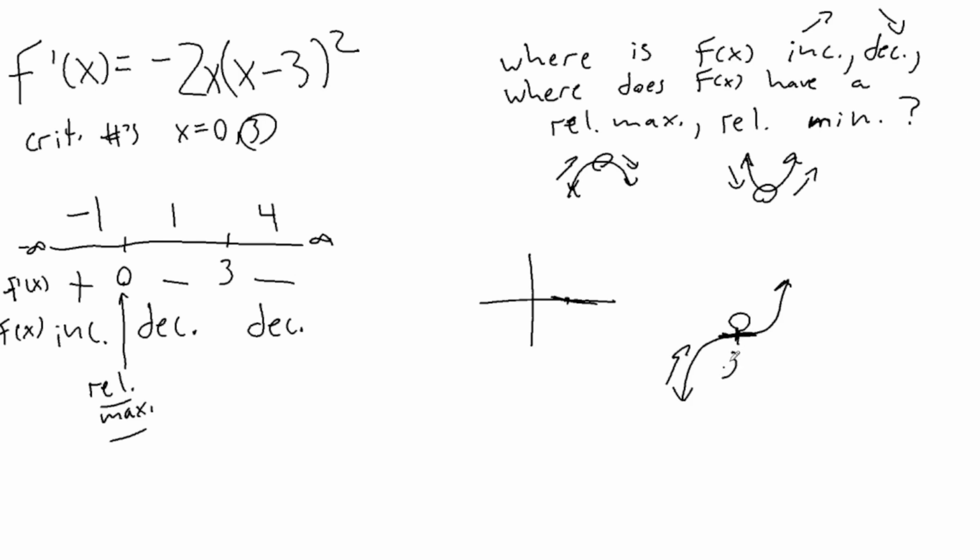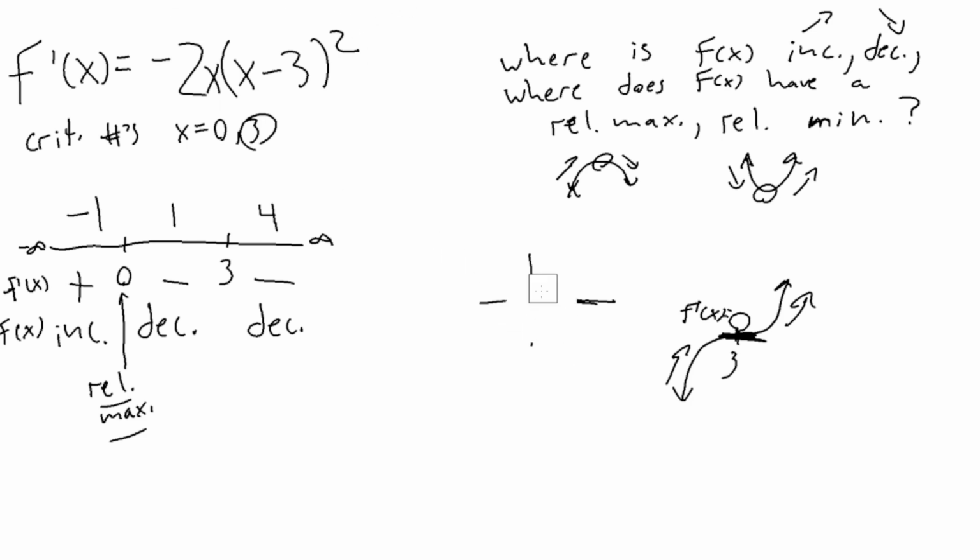Let's say this is 3, right? So at 3, it goes to a flat tangent line, so f prime of x equals 0, and then it goes back to increasing. So it changes from increasing to increasing, except there's a slope of 0 in between. So this is not a relative maximum or a relative minimum, it's just a horizontal tangent line.